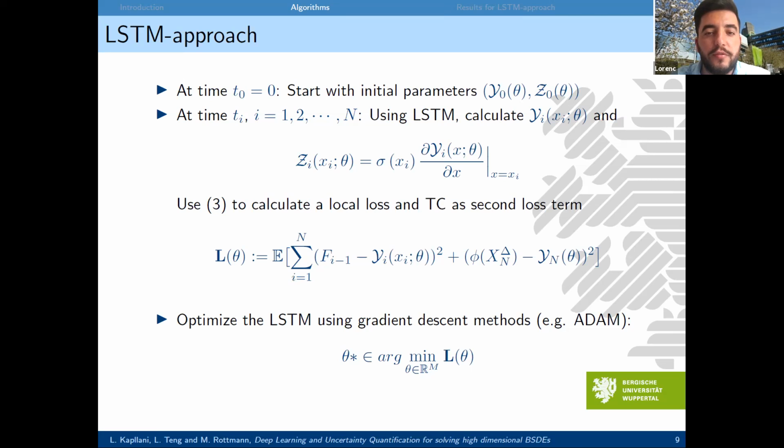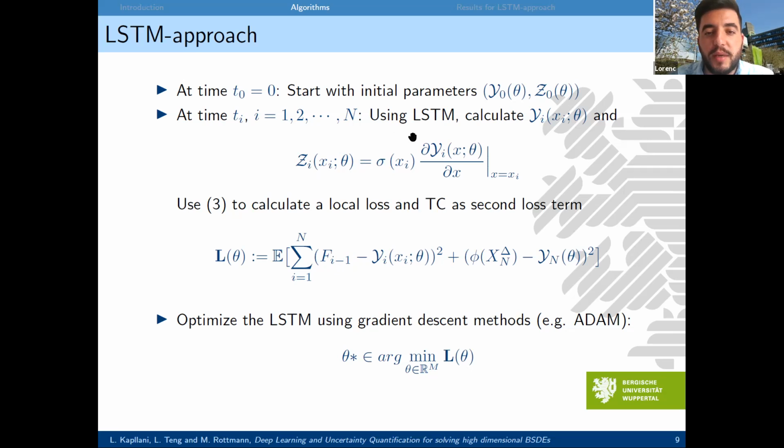And not to get confused with the classical LSTM: we are not only using the LSTM here, we are using an LSTM which also has a loss, and inside this loss function, as you can see down here, it has all the information that comes from the discretization of the BSDE. So it's not just the LSTM applied here, but the combination of the LSTM and the BSDE, which is here in the loss.